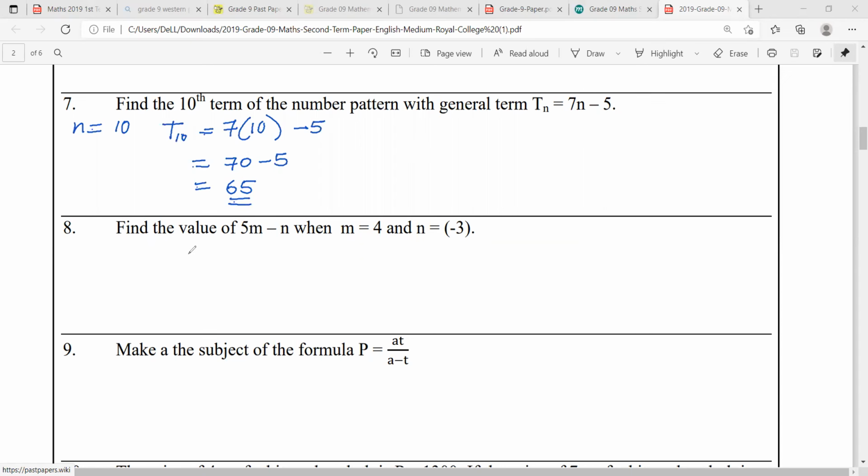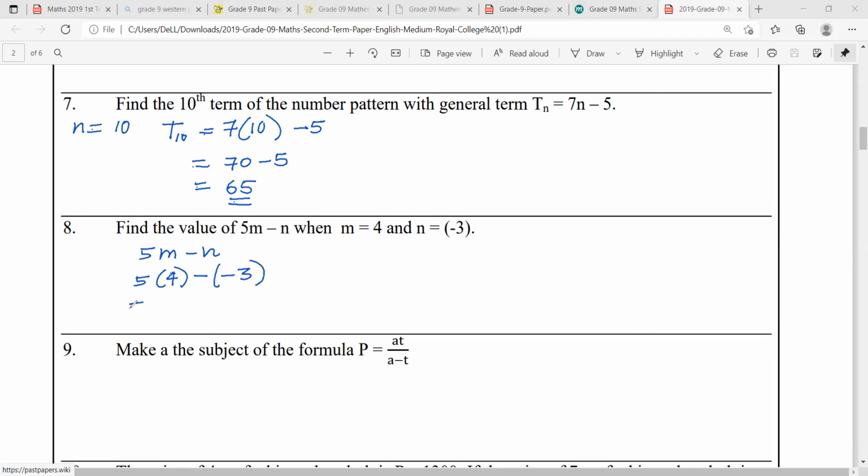Find the value of 5m minus n when m equals 4 and n equals minus 3. So you get here 5m minus n, m equals 4, n equals minus 3.